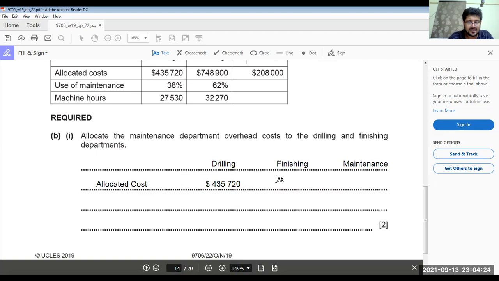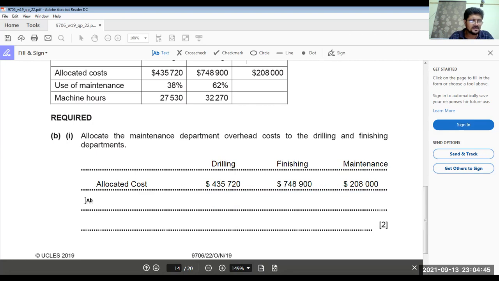Finishing department, $748,900. Maintenance, $208,000. Done.